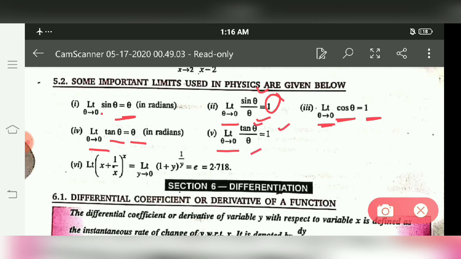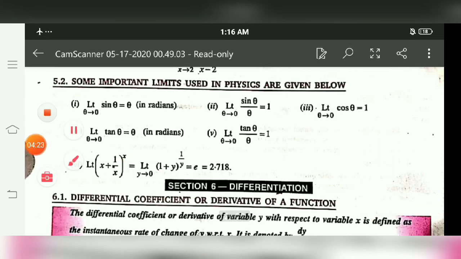One more formula: if limit x approaches 0, (1 plus x) raised to power 1 by x equals e, that is 2.718. If y approaches 0, then (1 plus y) raised to power 1 by y is also equal to e, that is 2.718. So this is about limits and functions.